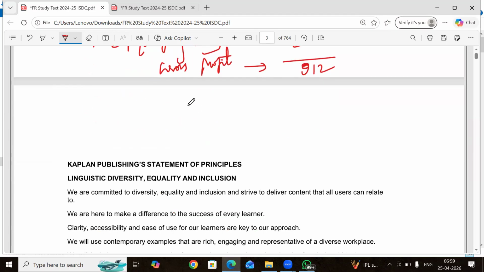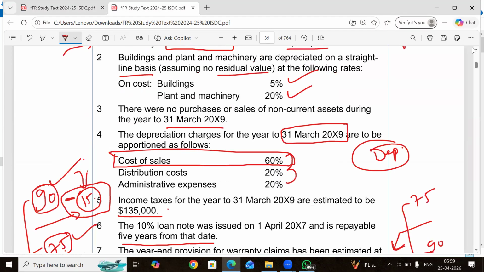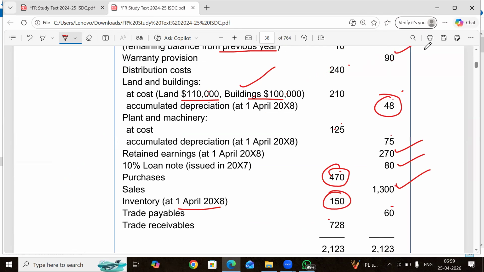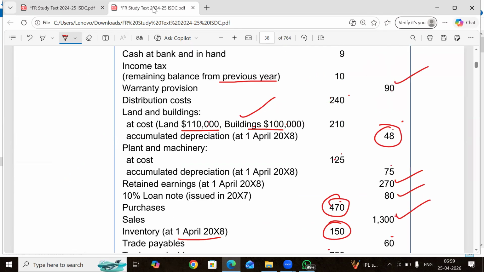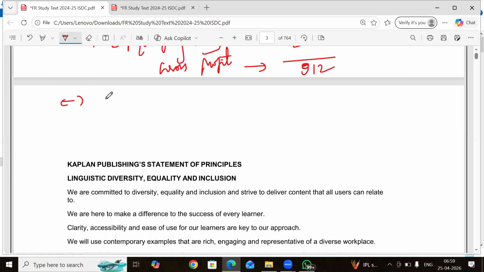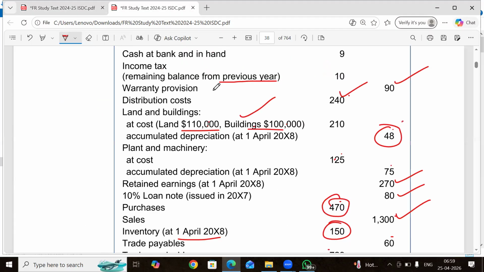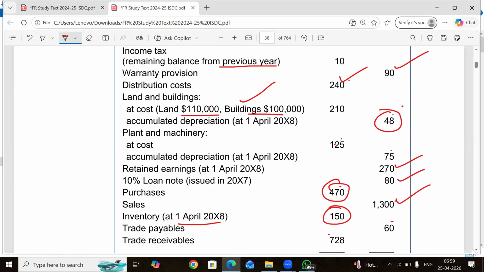Now, less distribution cost. So you remember distribution cost is how much? 240. But we need to take the depreciation also.